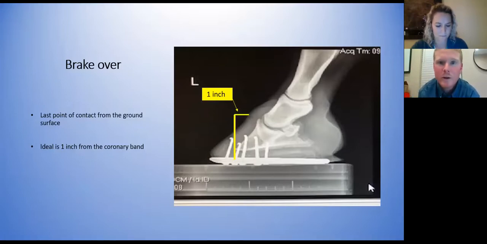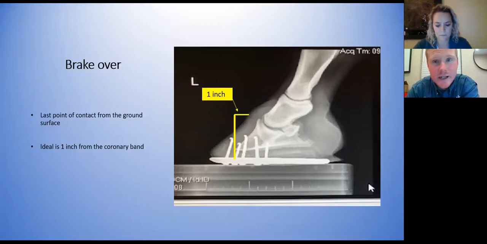And so we want to actually take a plumb bob. So you actually take a measurement 1 inch from the coronet band, go out dorsally, okay, in the front of their hoof wall, and drop a plumb bob, a straight line down. So the second nail hole in this horse's hoof on this x-ray is actually where the breakover should be.